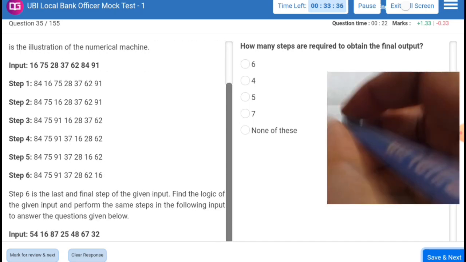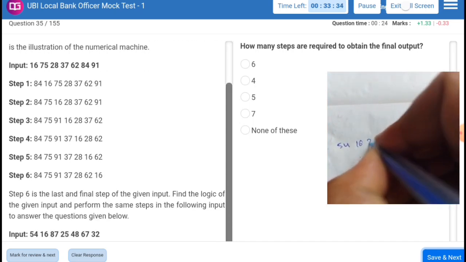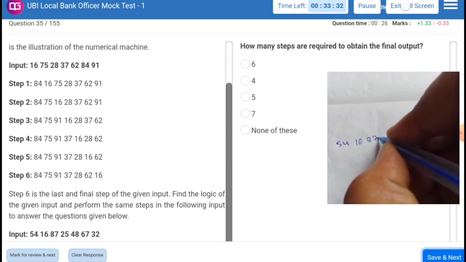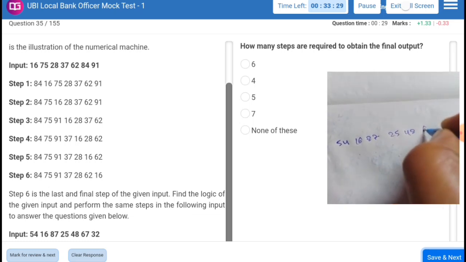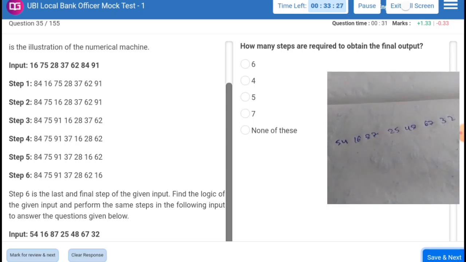So given step 54, 16, 87, 67, 32, 84, 16, 75, 28, 37, 62, 91.